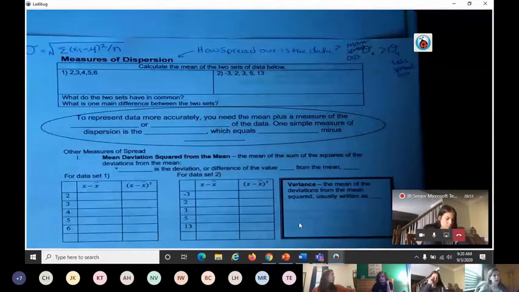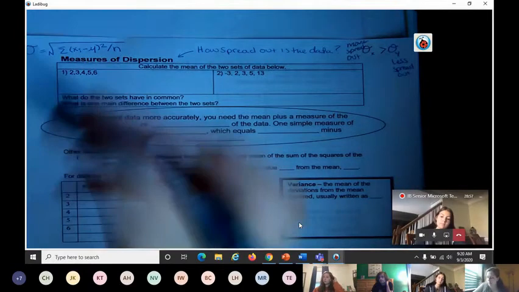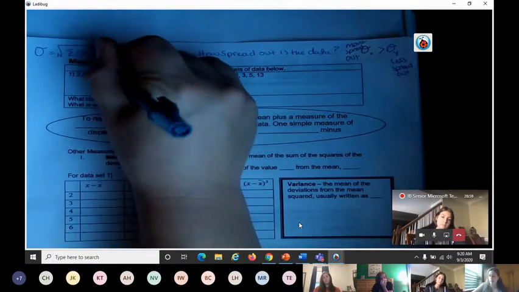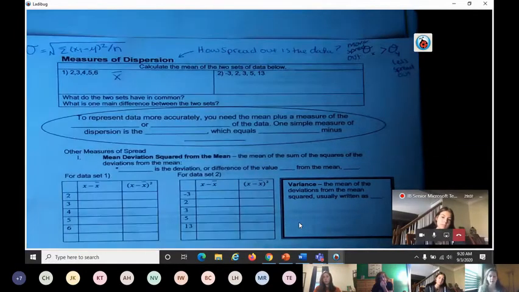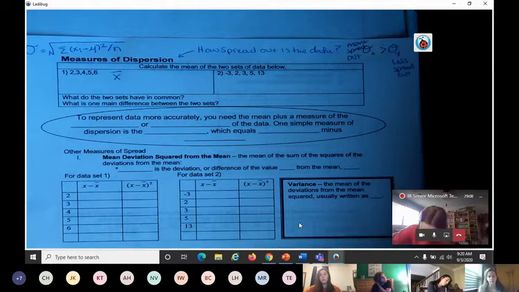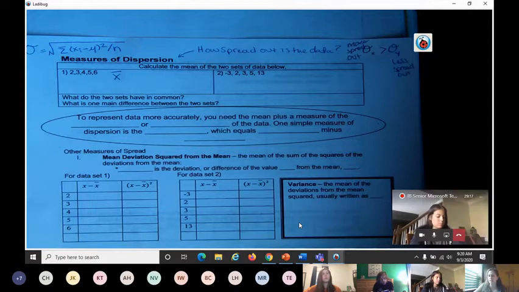Okay. So for example, in this one, what is my mean going to be? What's my average? 2, 3, 4, 5, 6. What's the sum of all these numbers?